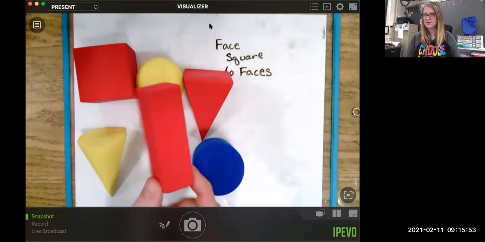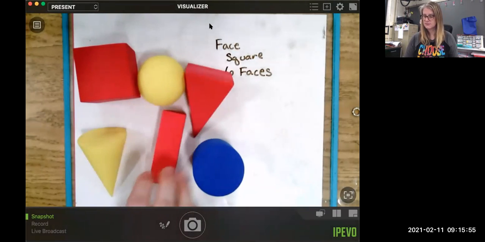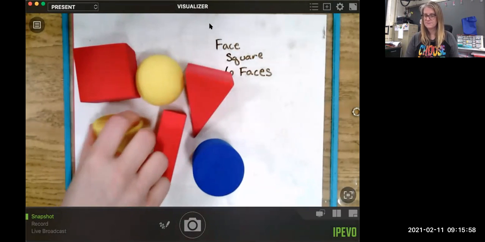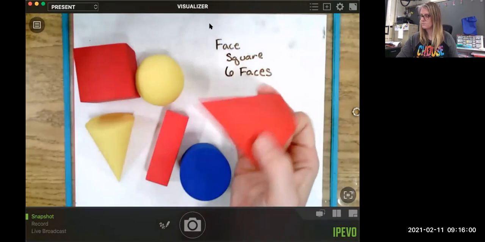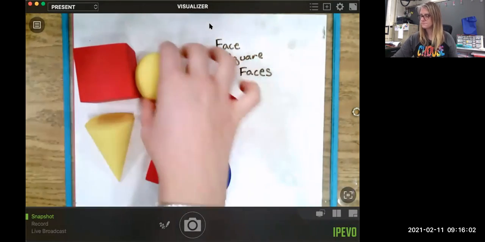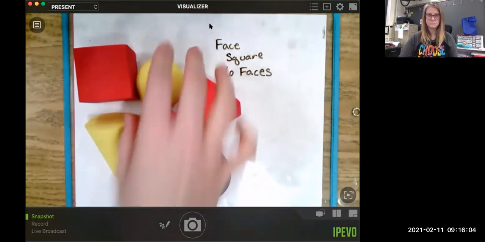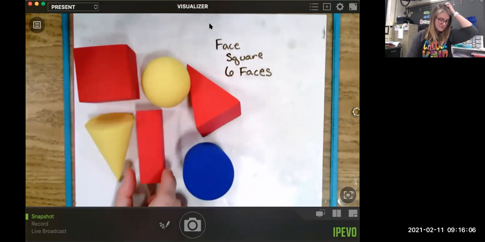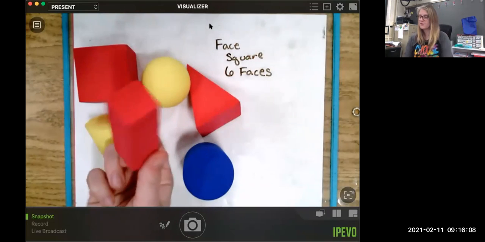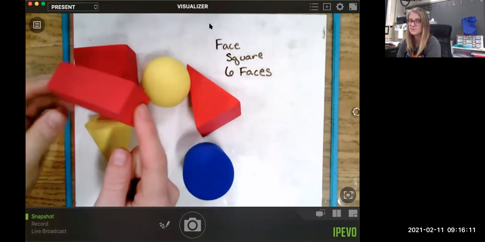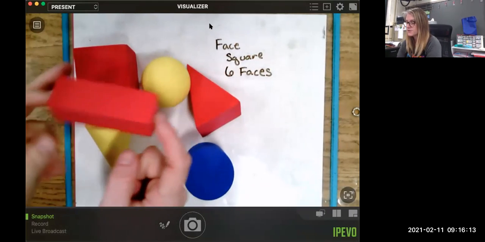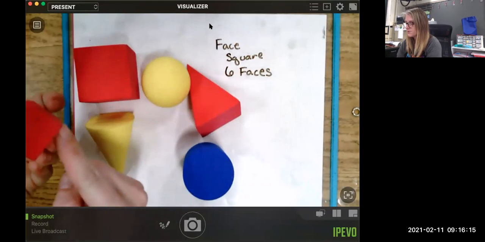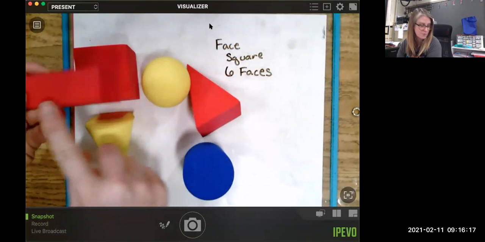What other solid has 6 faces? If you look, this solid also has 6 faces because we have 2 on each end, 1, 2, and then 1, 2, 3, 4. 4 long ones.